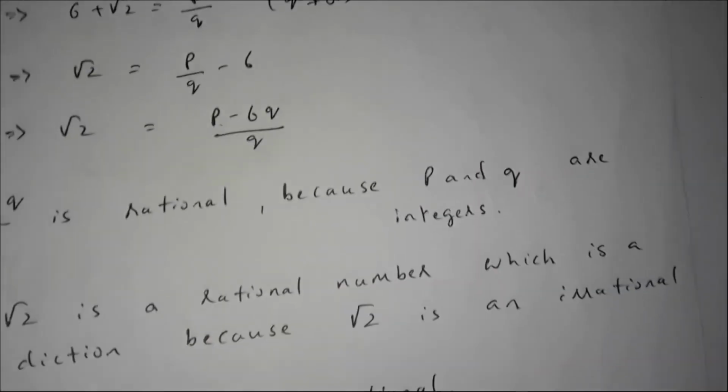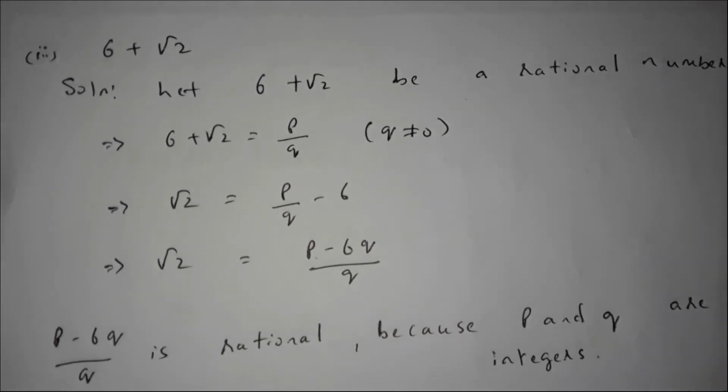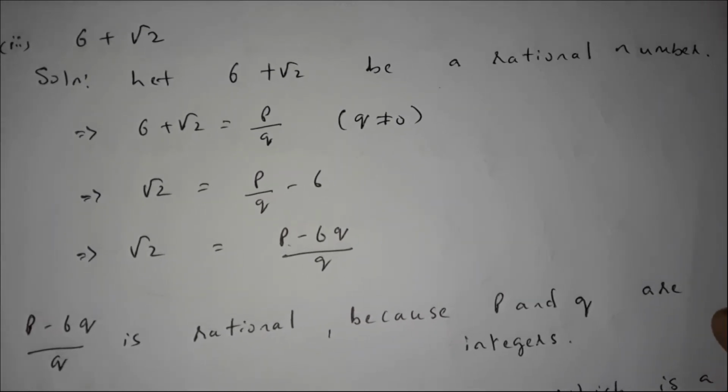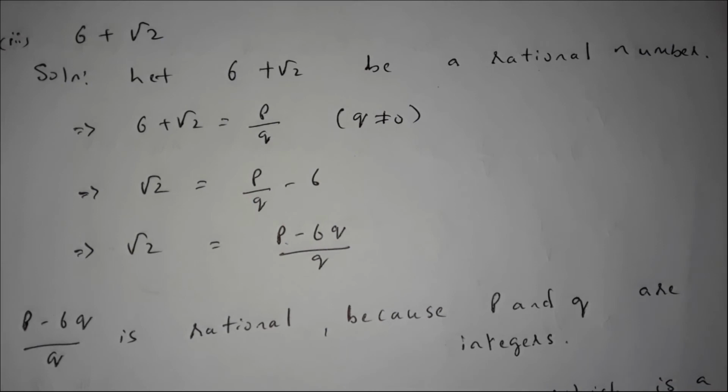So third one, 6 plus root 2. Let 6 plus root 2 be a rational number, which means 6 plus root 2 equals p by q. Q is unequal to 0.